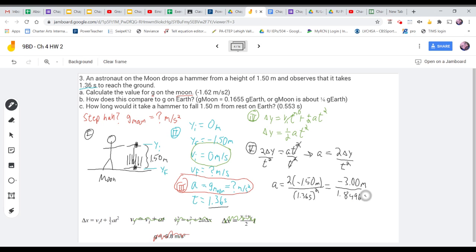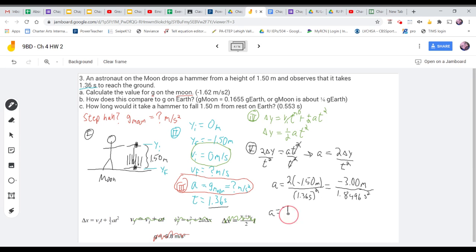And the units on the bottom at this point would actually be seconds squared, which seems weird, but don't worry about it. So then if you ask the calculator, what is 3 divided by 1.8496, the calculator will tell you that your answer is, I'm sorry, it should have been minus 3.